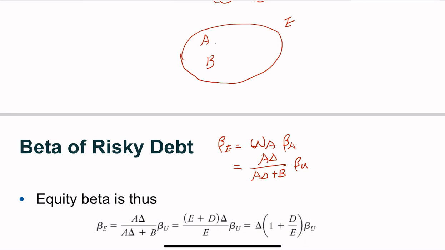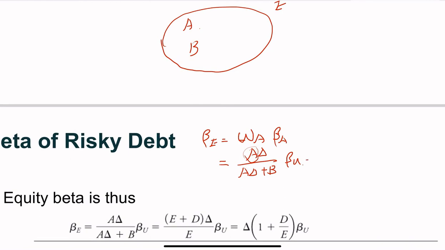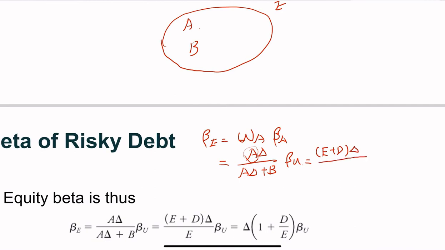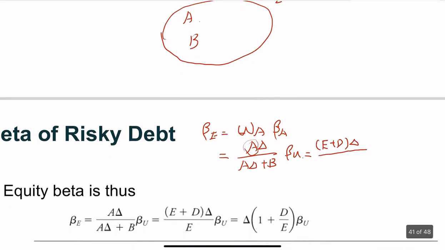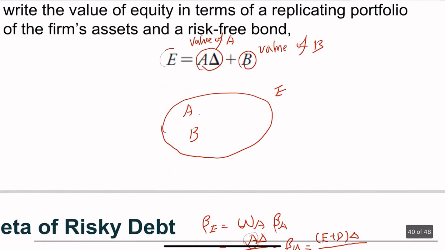And further, we know that firm's asset can be decomposed into equity and debt. So this will give us E plus D times delta. And then we know that this A delta plus B is just E, right?